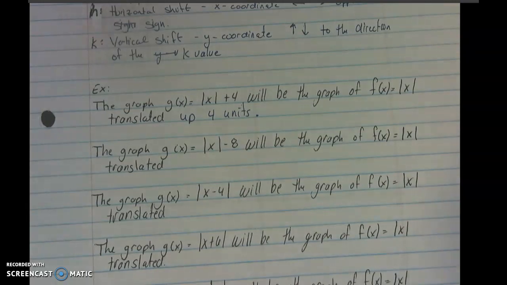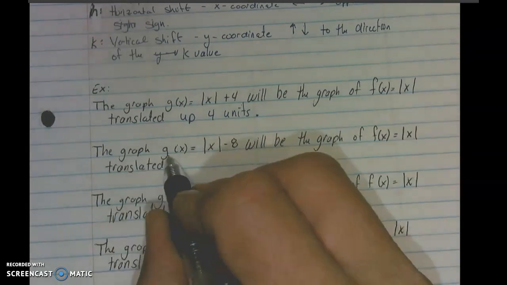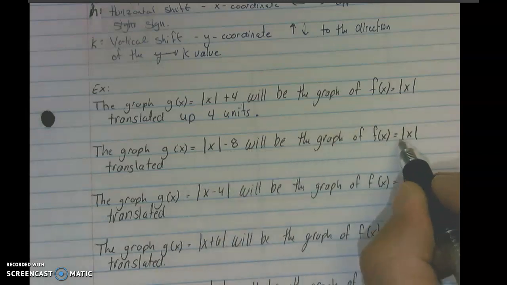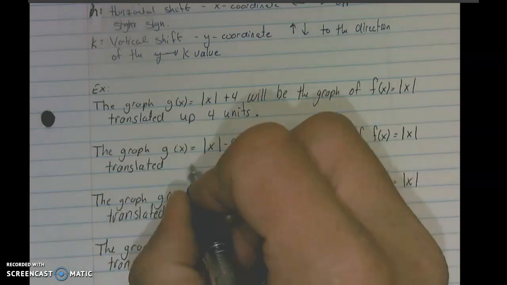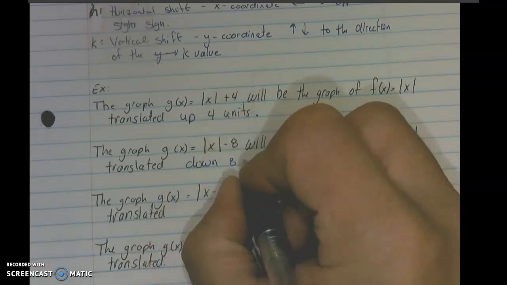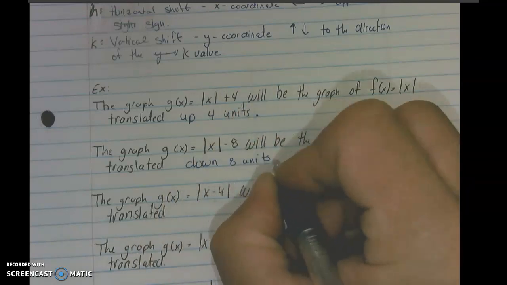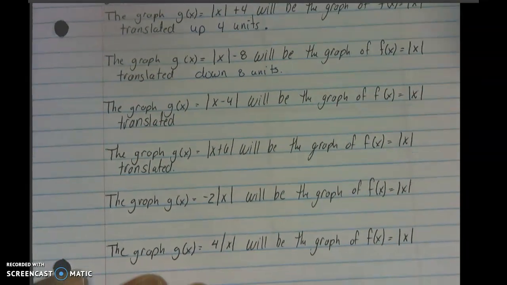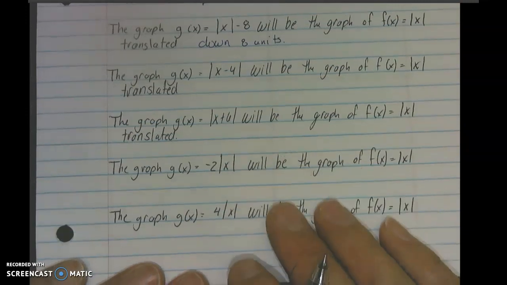All right. The graph of g of x is equal to absolute value of x minus 8 will be the graph of f of x is equal to absolute value of x translated down 8 units. Okay. I think we can get the rest of them in there like that.